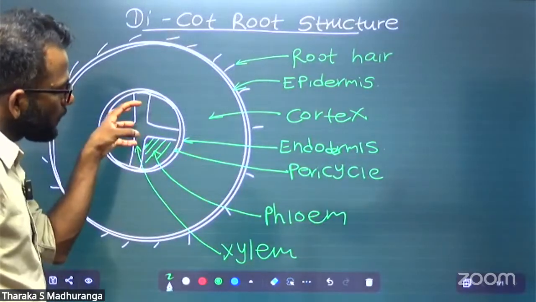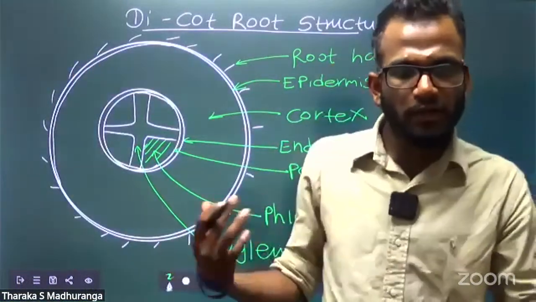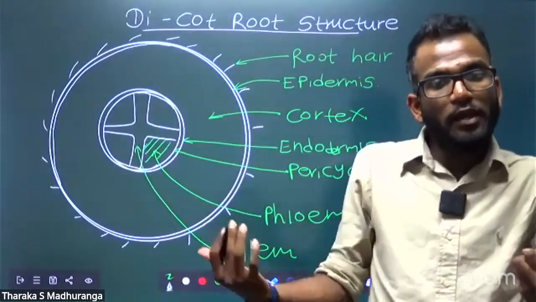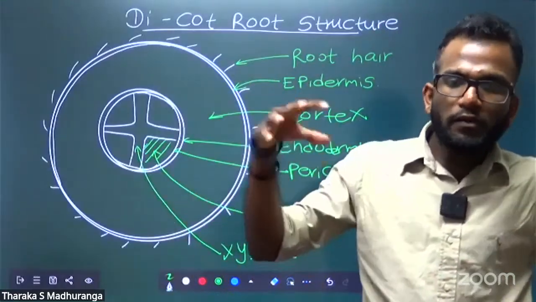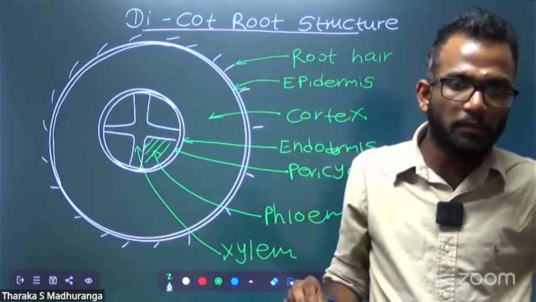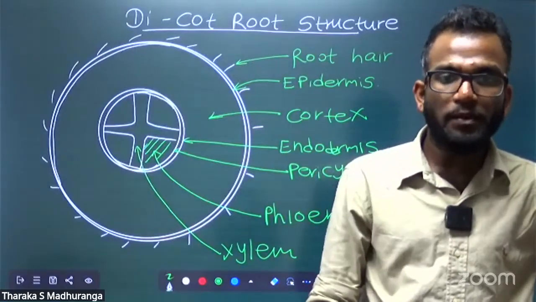This inside layer is the xylem. Do you know the difference between xylem and phloem? Xylem and phloem are which tissues? They are complex permanent tissues. I think you can remember.